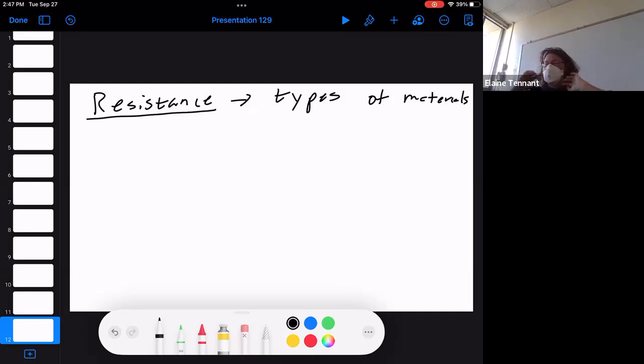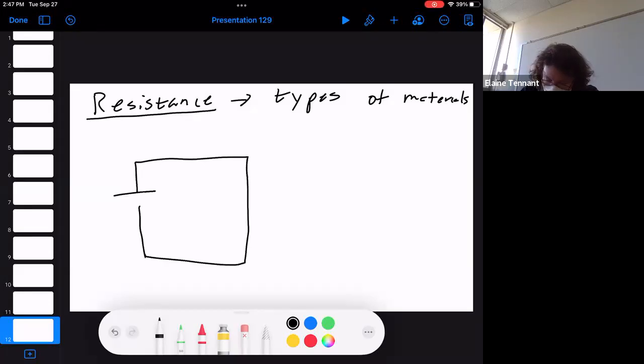So let's talk about how current's getting through our circuit anyway. So I have my circuit here with the battery, and let's say I've just flipped the switch. Okay, it just turns on right now. So I have a positive and a negative side to this battery.